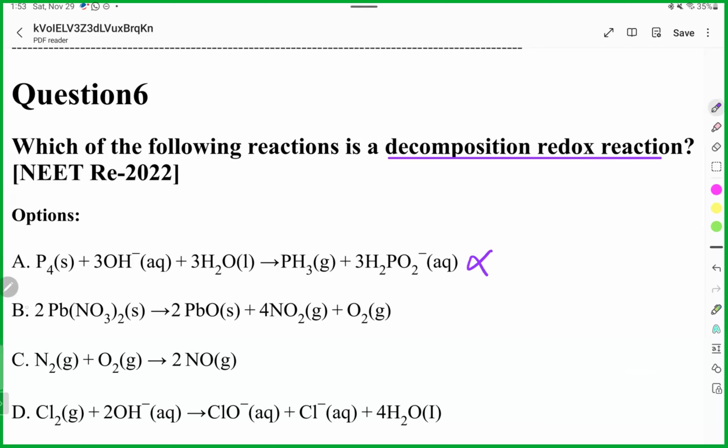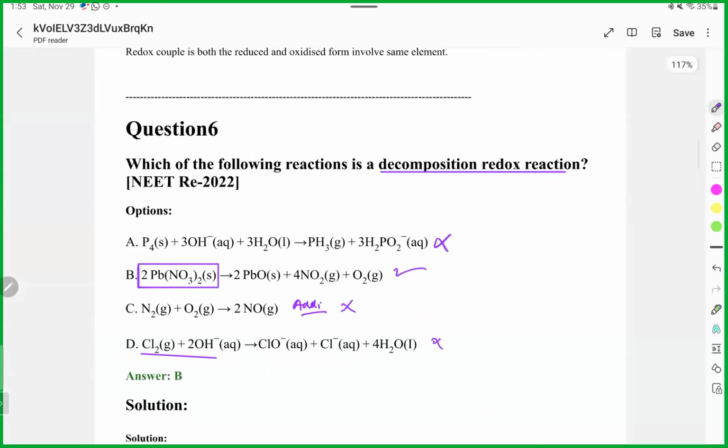Second, yes, this one is. Third one, no, this is an addition reaction. You are adding. And fourth, fourth is also not.